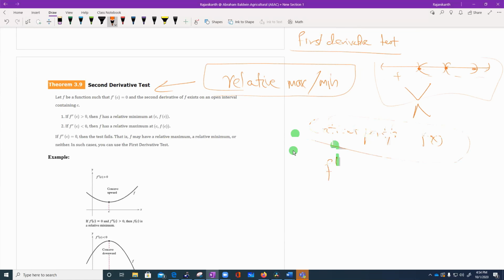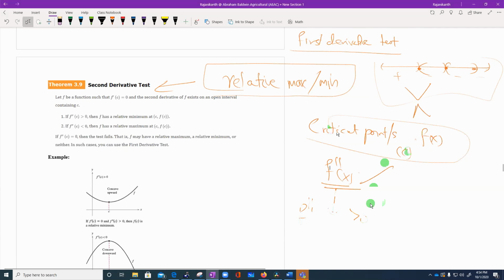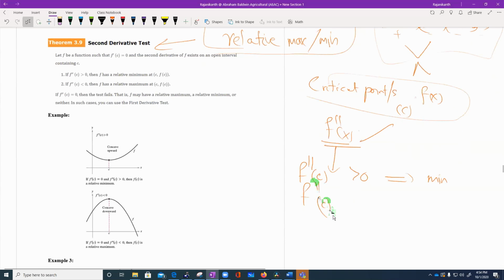Then simply find the second derivative of the function and plug those critical values into the second derivative function. If the second derivative evaluated at those critical points is positive, then the function has a relative minimum. If the second derivative evaluated at those critical points is negative, then the function has a max.